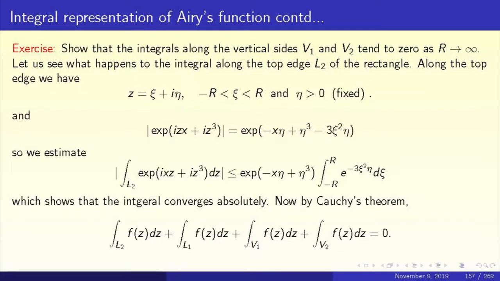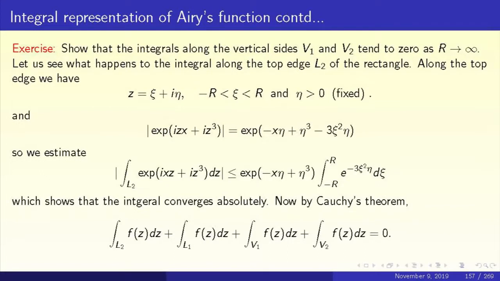But the integral along V1 goes to 0, the integral along V2 also goes to 0, and the integral along the base gives you the integral that you want, 4.18. Remember, 4.18 was the integral that we wanted. And the integral along L2 is an absolutely convergent and rapidly convergent integral. So we are in a very good situation.